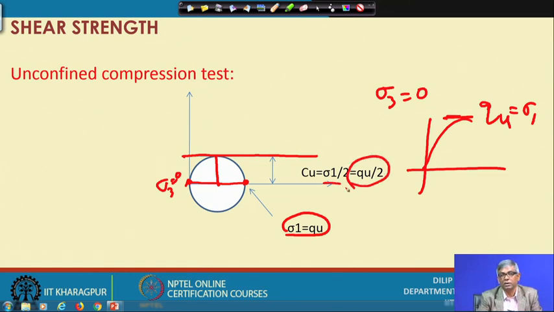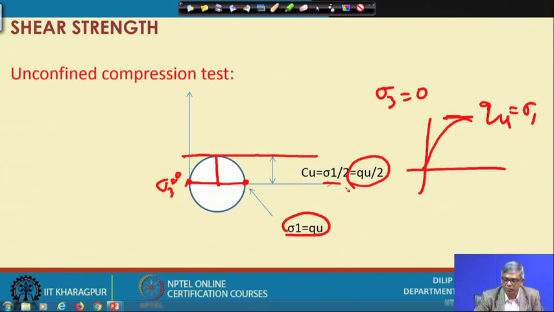So, in many competitive exams, some problems will be given where, instead of the shear strength parameter, they give the unconfined compressive strength as some value.